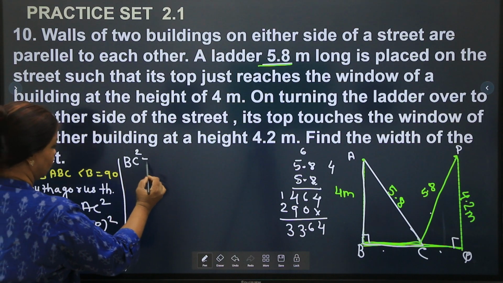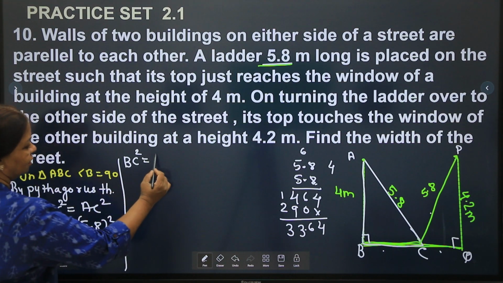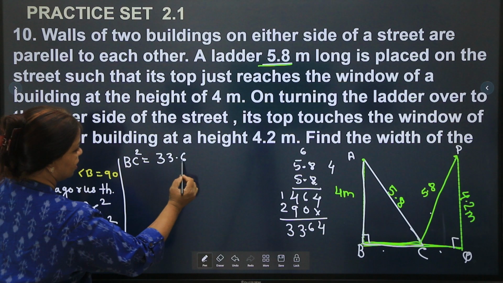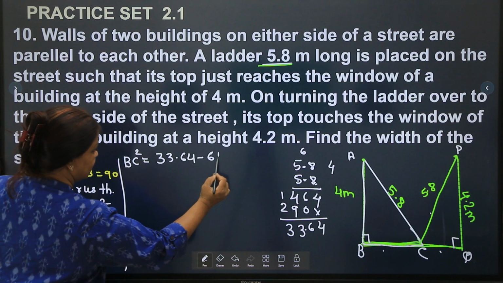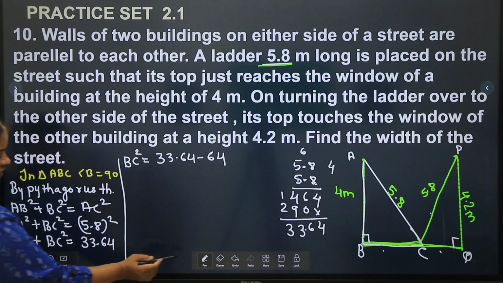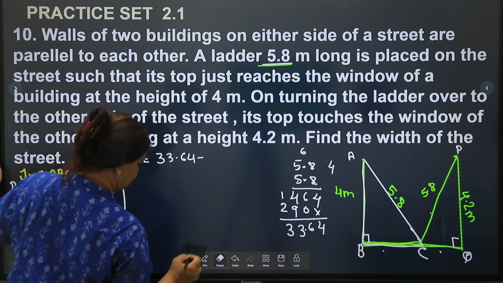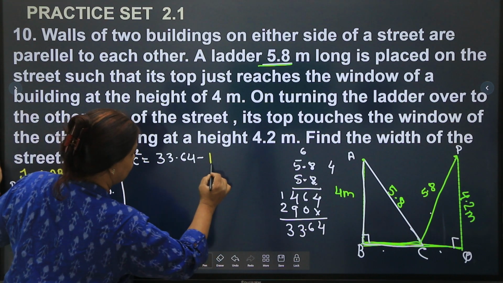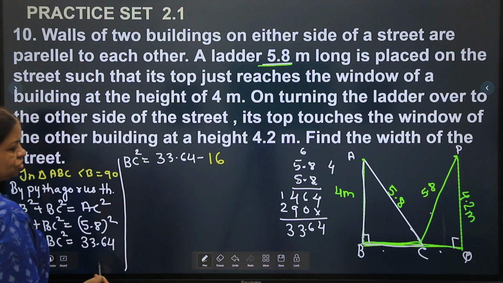BC square is equal to, this number will come here, 33.64 minus 16. Subtraction, do.